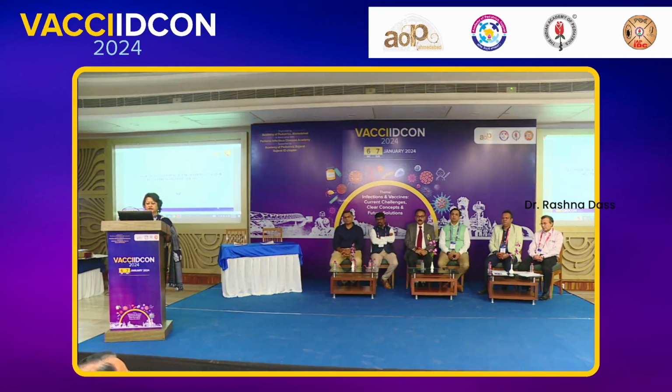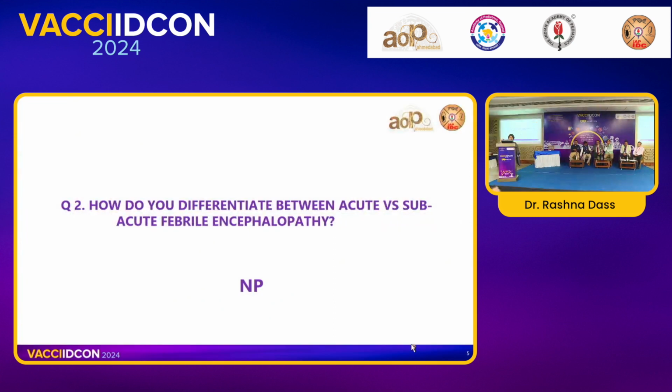So we'll come to the next question for Nikhil. How would you differentiate between an acute and a subacute febrile encephalopathy? Good morning everyone. Acute febrile encephalopathy, initially the term was coined by the government for Japanese encephalitis.